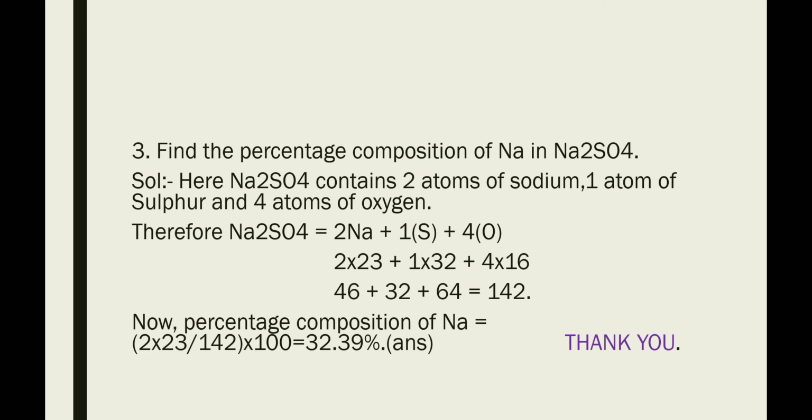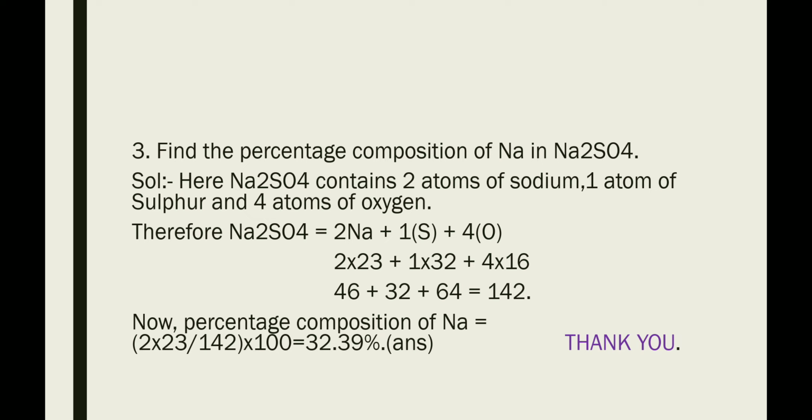Now to calculate percentage composition of sodium, what to do? Sodium sulfate contains 2 atoms of sodium. So 2 into 23, that is 46. 46 by molecular weight of the compound 142 into 100, which is equal to 32.39%.